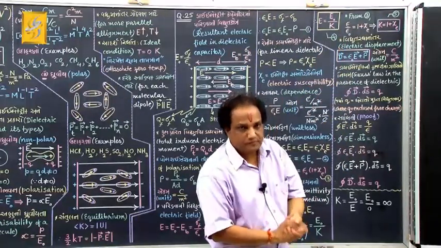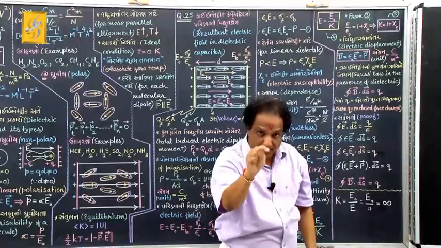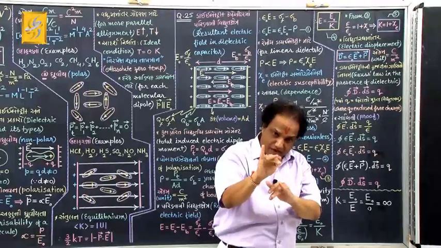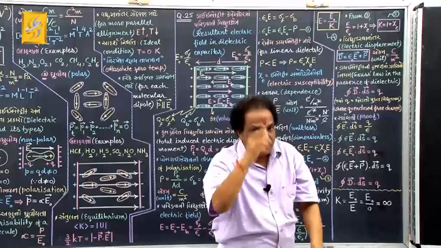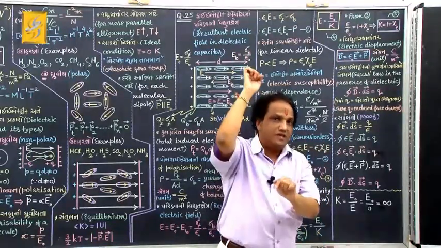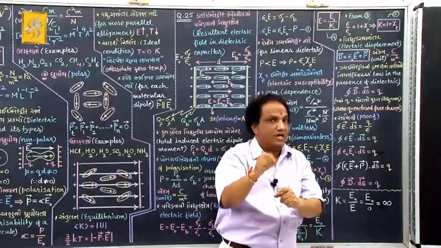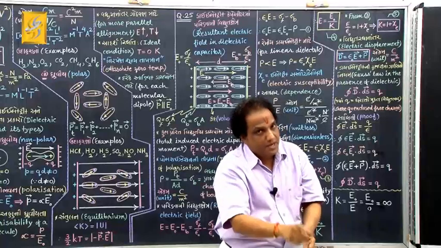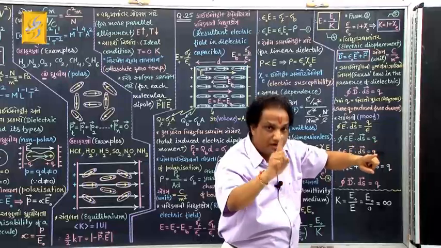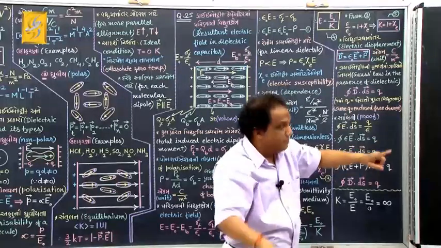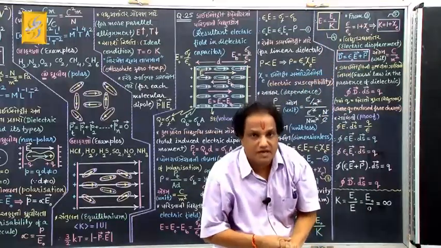I repeat, when a region of free space having electric field E0 is replaced by dielectric medium having dielectric constant capital K, then the resultant electric field obtained in that dielectric medium is found to be kth part of E0 or 1 upon K times E0. Okay? And tell me, value of K for every dielectric medium is certainly greater than 1. If value of K is greater than 1, then E will be less than E0.